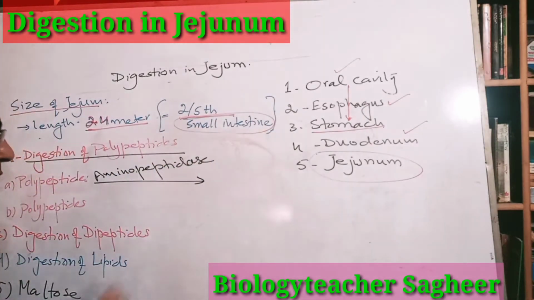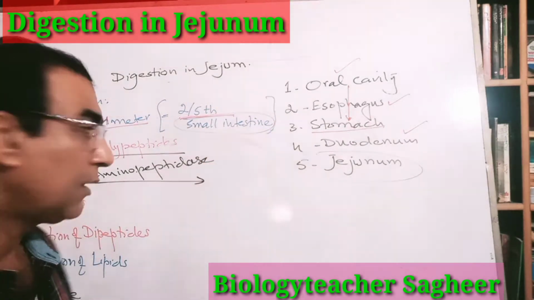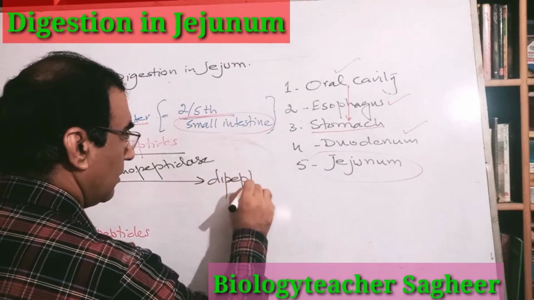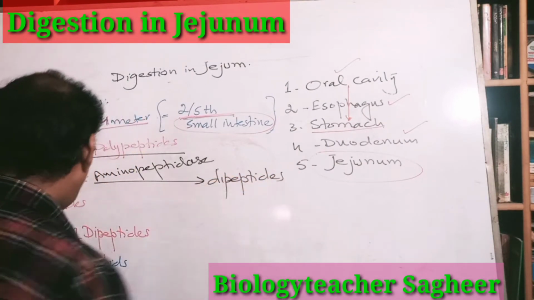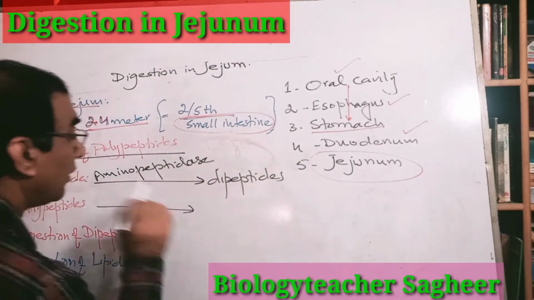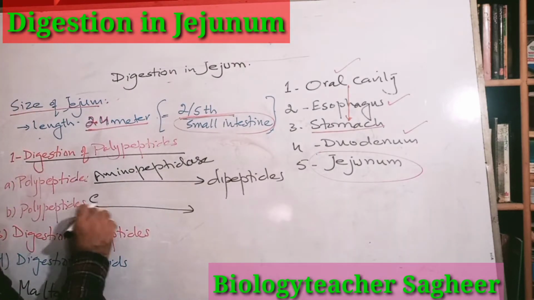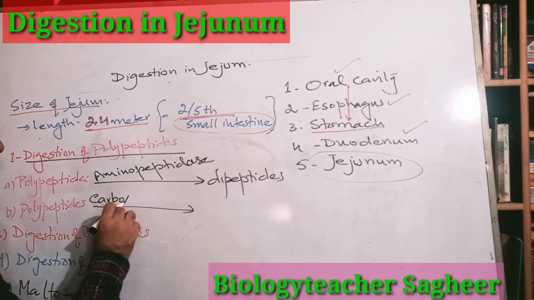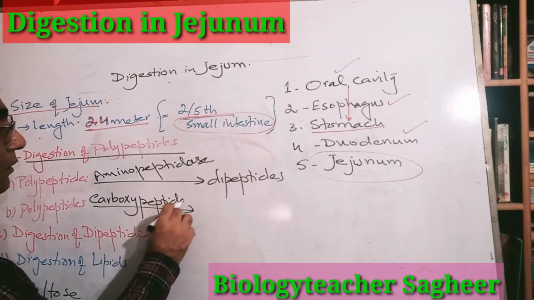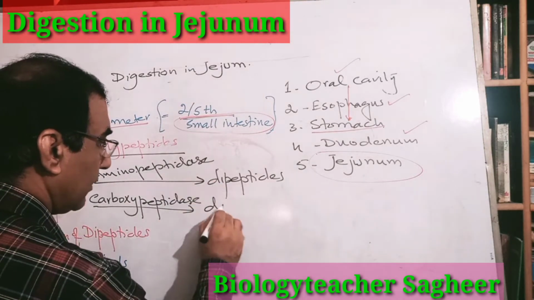Aminopeptidase converts the polypeptides into dipeptides. The polypeptides are also digested by carboxypeptidases, and dipeptides are formed.